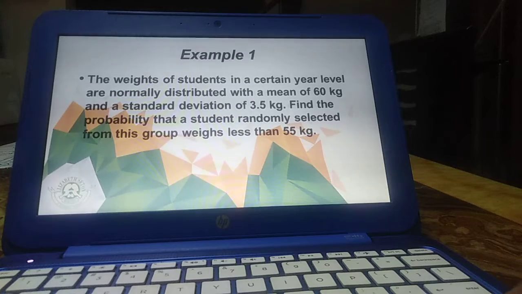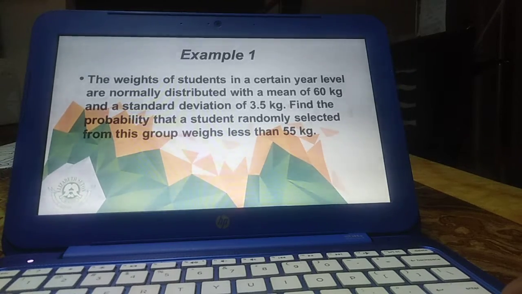Let us look at our first problem. The weights of students in a certain year level are normally distributed with a mean of 60 kilograms and a standard deviation of 3.5 kilograms. Find the probability that a student randomly selected from this group weighs less than 55 kilograms.